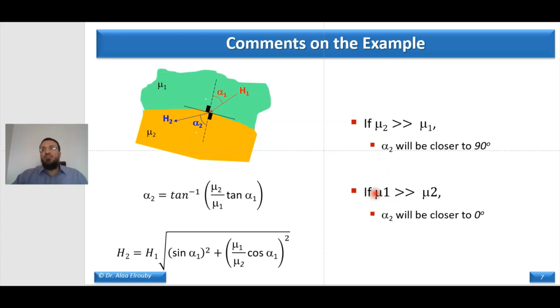On the other side, if mu1 is much larger than mu2, then alpha 2 will equal 0 and the field will go normal out of mu1. So if mu2 is ferromagnetic, H2 will be like a surface field. If mu1 is ferromagnetic and mu2 is non-magnetic material, H2 will be normal to the boundary. Of course, you can verify this by substituting numbers and calculating the value for alpha 2.